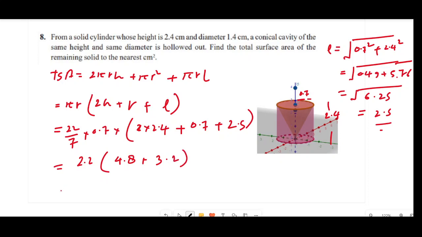Now 2.2 into 8 is 17.6, so approximately 18 centimeter square. This is the total surface area to the nearest centimeter. Now move on to the next question.